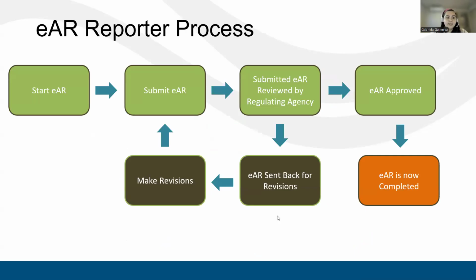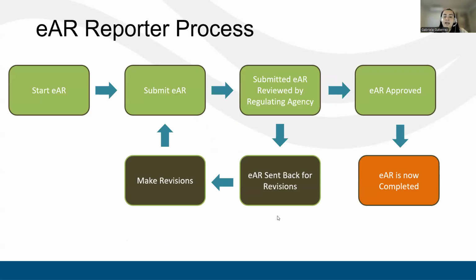eAR reporter process. This is the process that all of you may be going through right now. You start an eAR, then you submit your eAR. Once you submit, your eAR is reviewed by the regulating agency that is assigned to your water system.